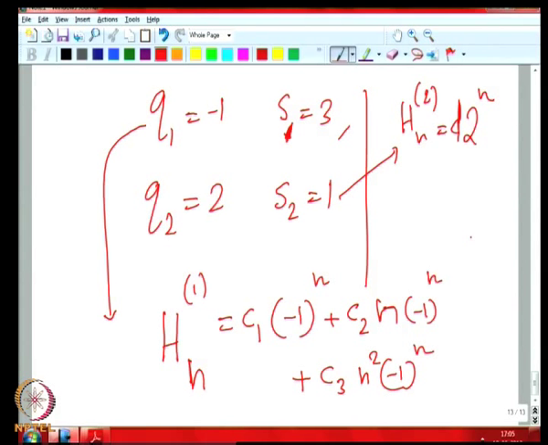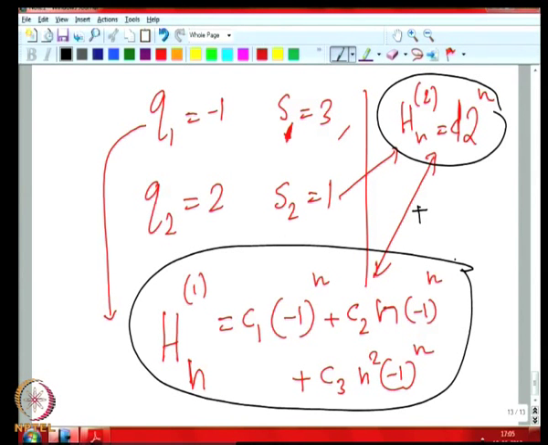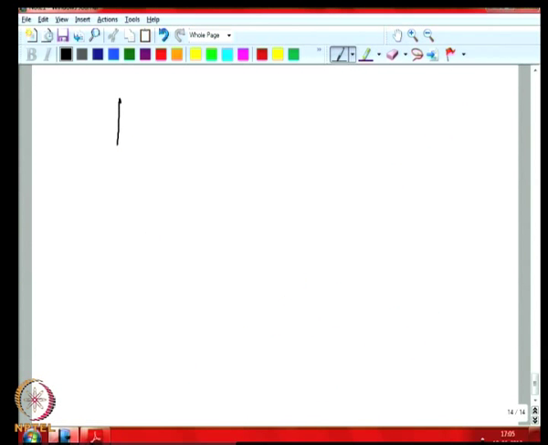The general solution we will get by adding this part and this part together, these two different parts. So we will get Hn equal to Hn1 plus Hn2.